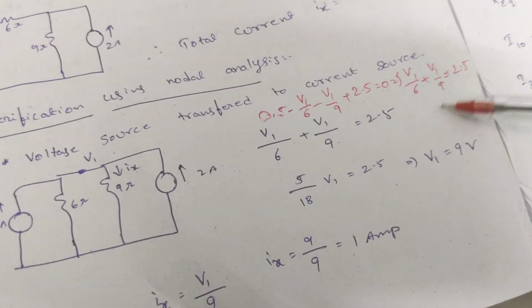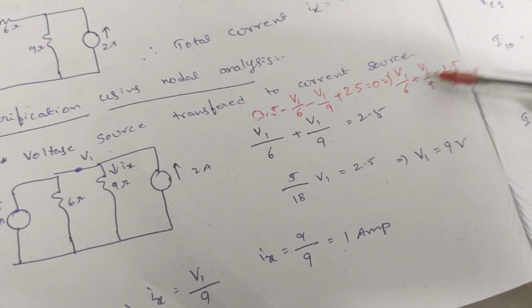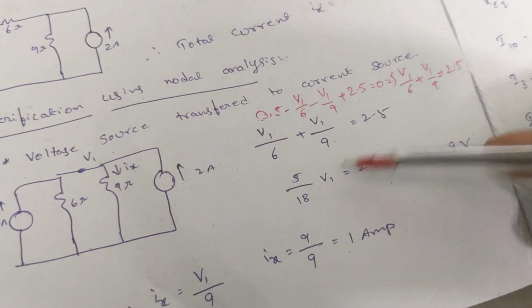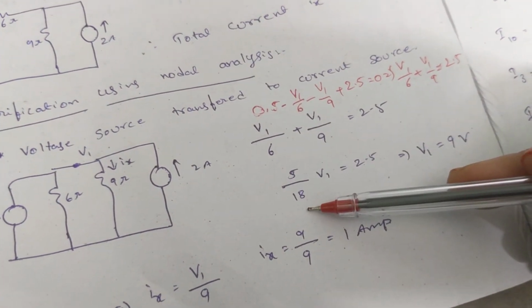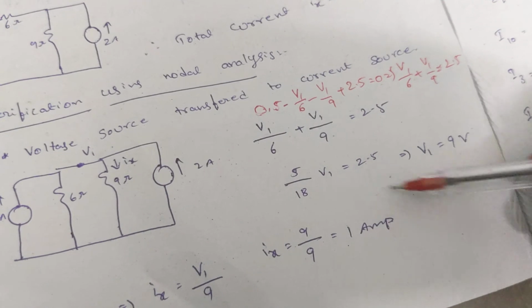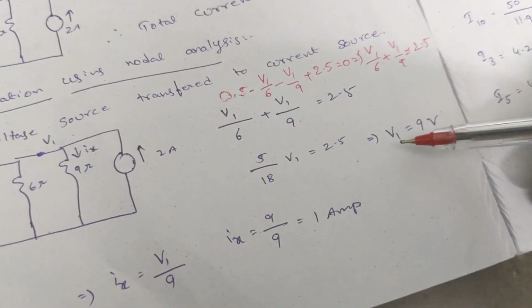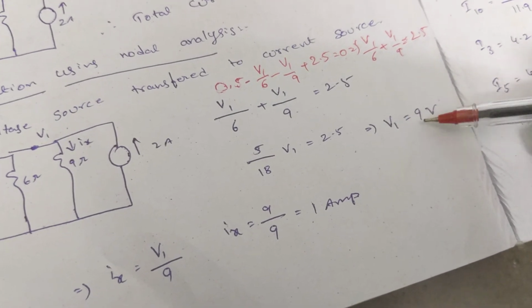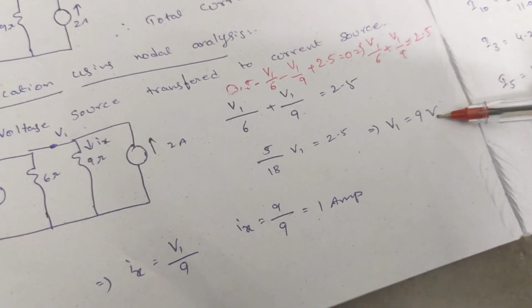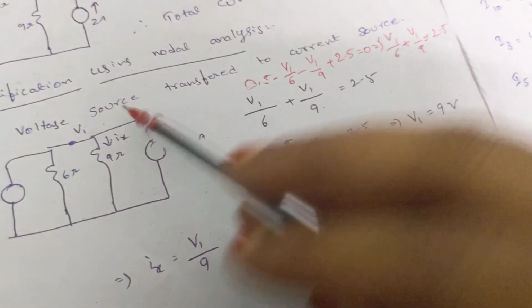Then you can understand this. Taking V1 common and adding these two terms, we get 5 by 18 equals 2.5. By applying simple mathematics, I am getting V1 as 9 volts.